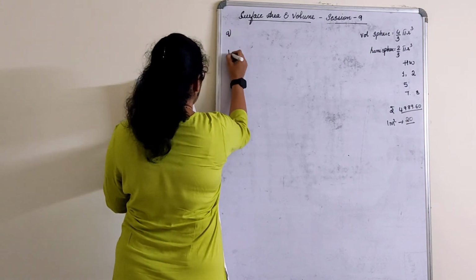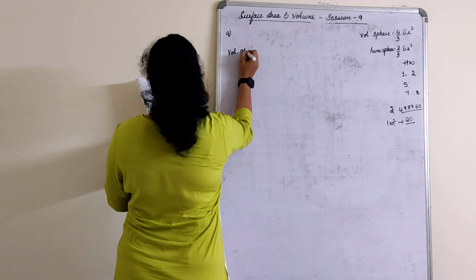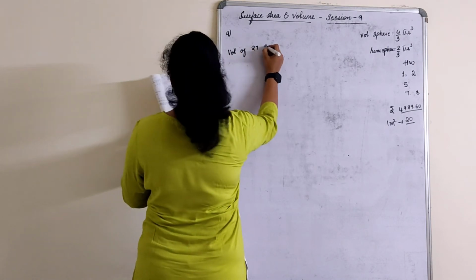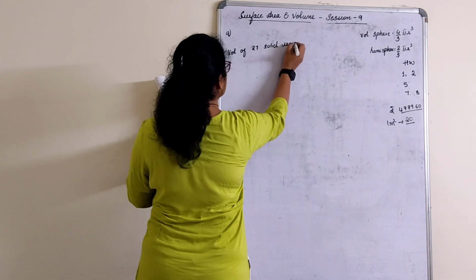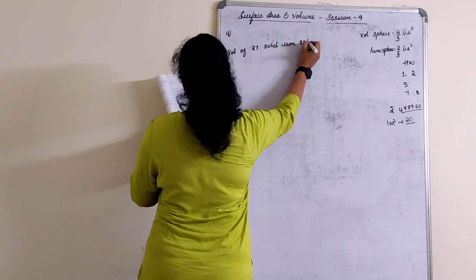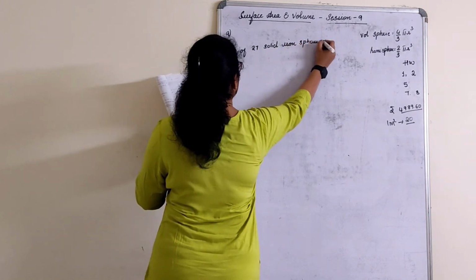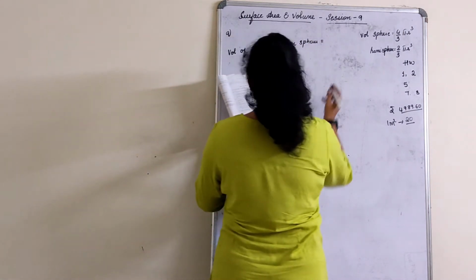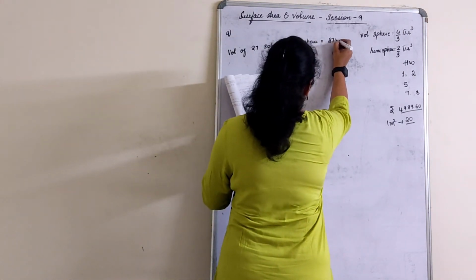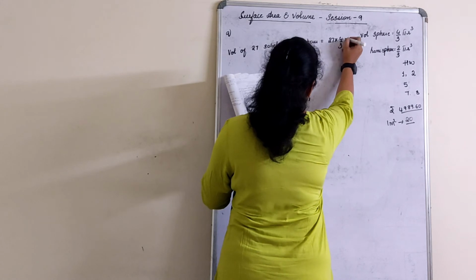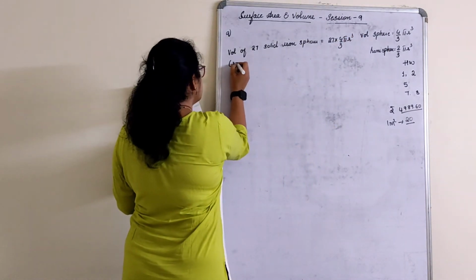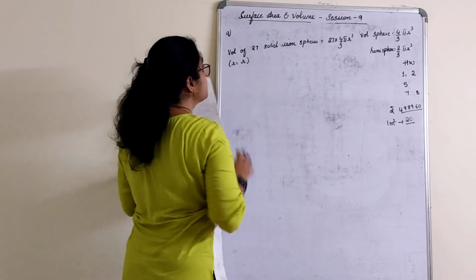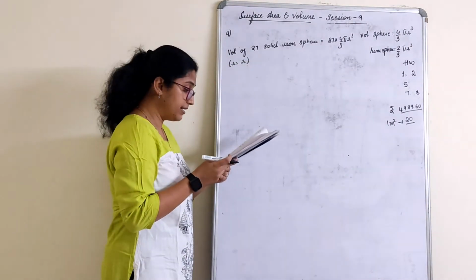First of all, the volume of 27 solid iron spheres is equal to 27 into 4 by 3 pi r cube, because the radius is given as r only. R stands for the radius here.